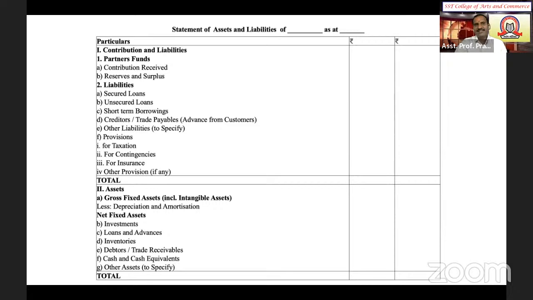Then in liabilities: secured loan, unsecured loan, short-term borrowings, creditors or trade payables, other liabilities, and provisions like taxation, contingency, insurance, and other provisions. So you follow the format and post all the items which are given in the trial balance.